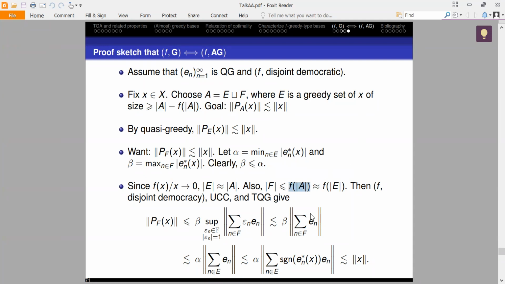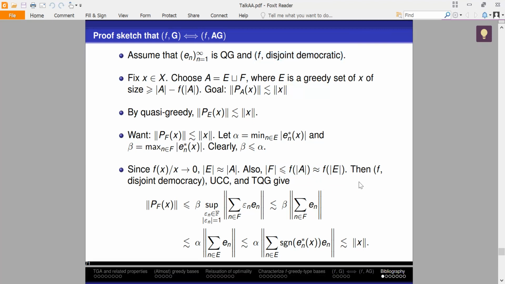But A is about the same as E, so f(|A|) you can think of as f(|E|) as well. The reason why we need this inequality here is that now you have two disjoint sets, E and F, with the size of F at most f(|E|). So you can apply F-disjoint democracy to the two sets E and F.